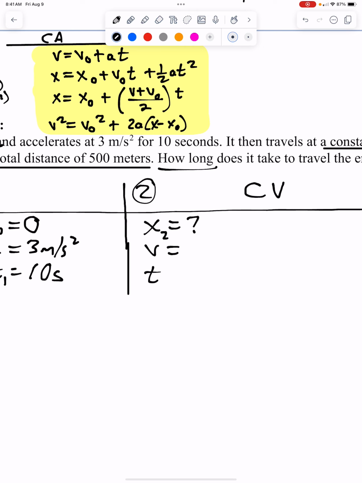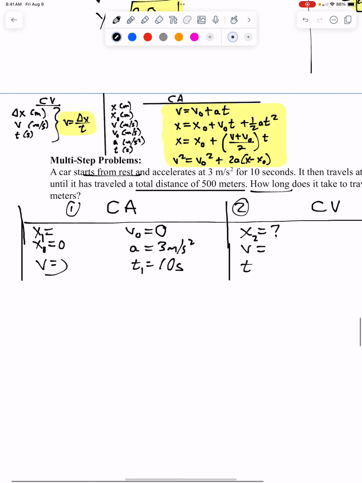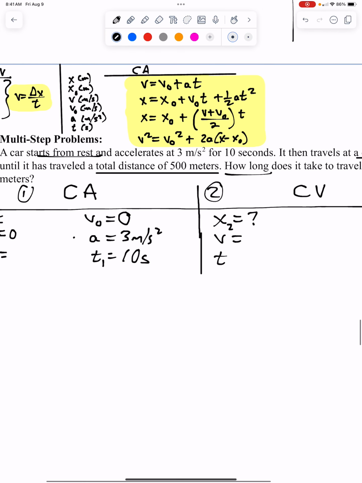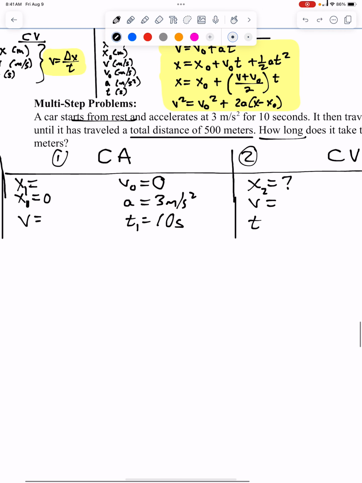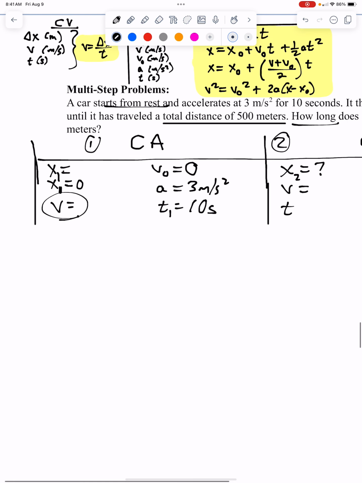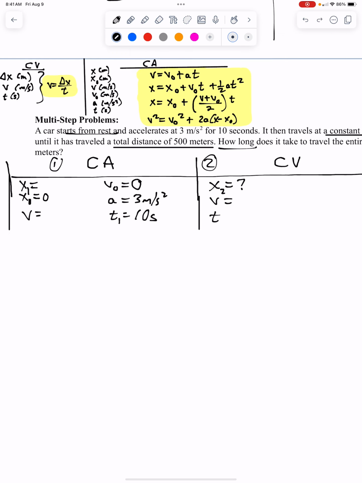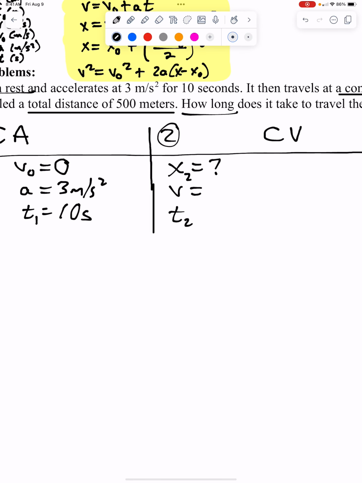We don't know what V is, but if we figure out the velocity when you accelerate from rest at 3 meters per second squared for 10 seconds, we should be able to figure out the constant speed the rest of the way. Because whatever the final speed we get here is the same as the constant speed we get right here. And then time, we're going to call that T2.